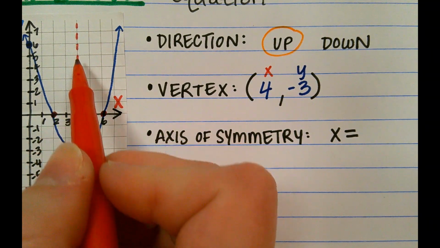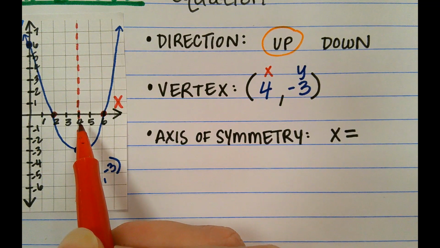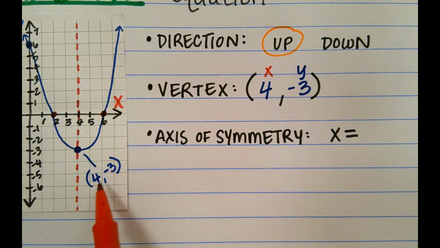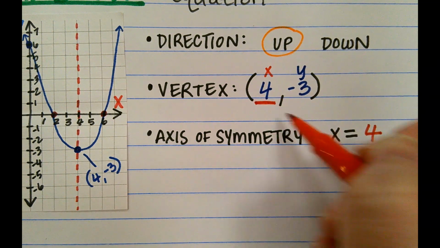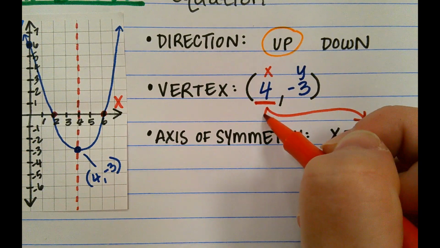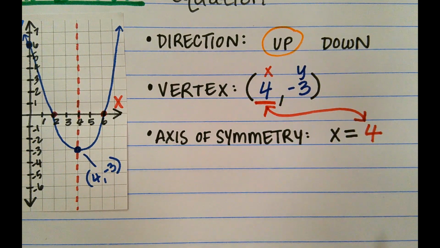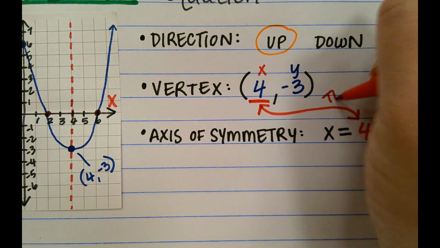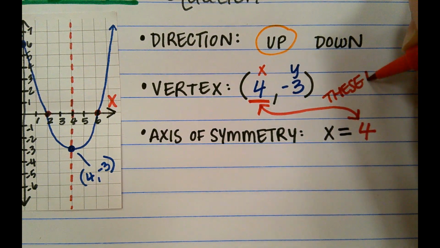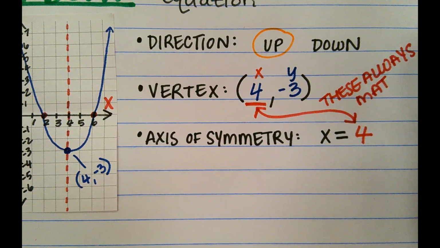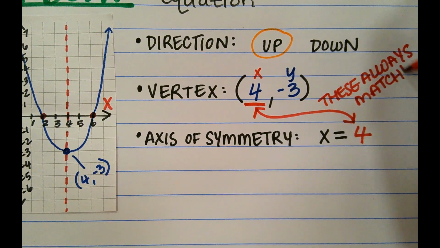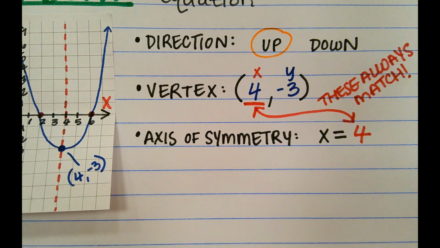So notice the axis of symmetry goes through 4. The vertex has an x value of 4. Those numbers will always match. So x equals 4. And I like to put a little arrow to show these numbers always match. There will never be a parabola where they don't match. And if they don't match, then you know one of your values is written incorrectly. They're always the same.